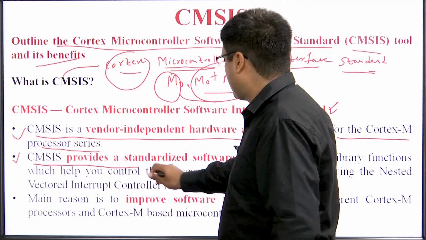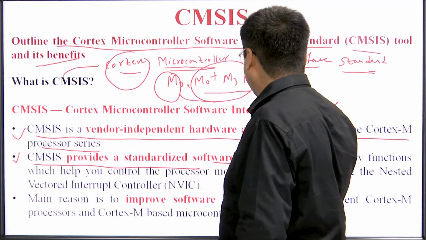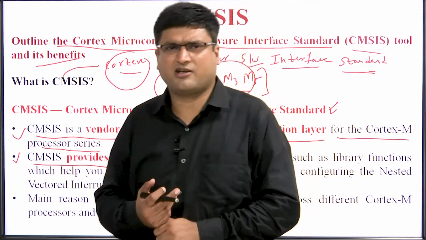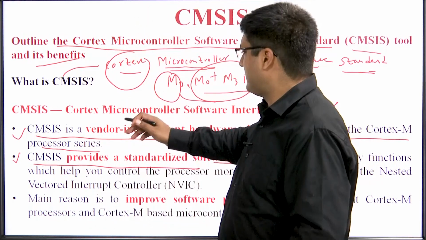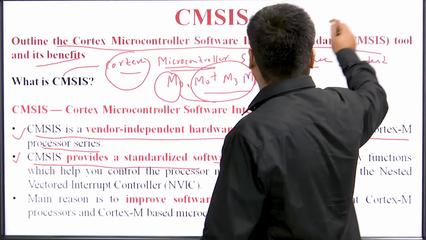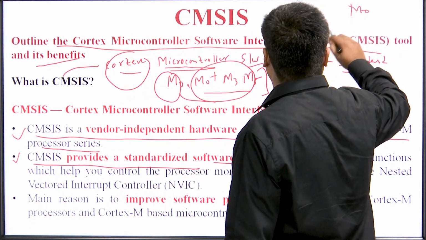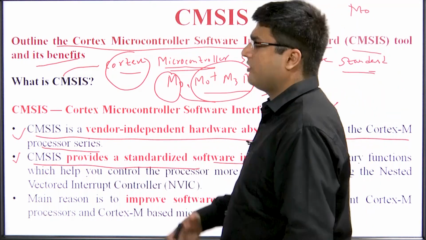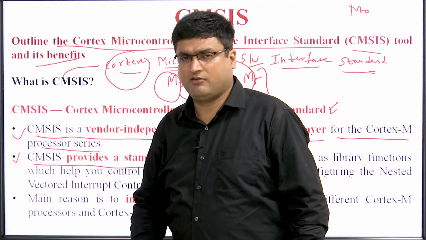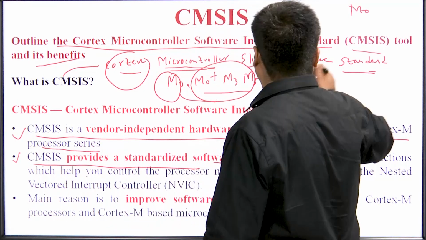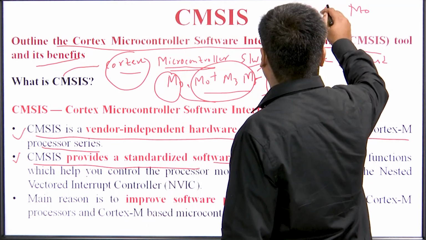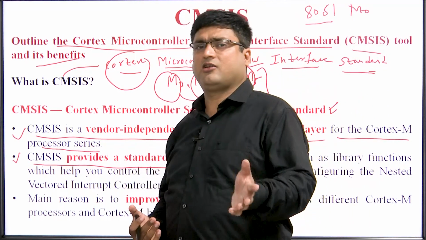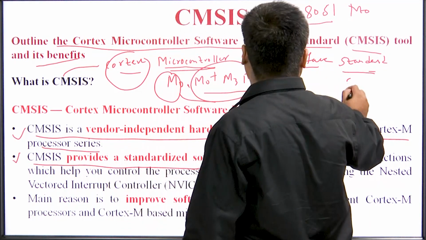CMSIS provides a standardized software interface. What is the meaning of standardized? There are certain standards. For example, if we are using CMSIS software for a particular microcontroller, M0, it is compatible with all the members of that particular series. It does not mean it is compatible with the 8051 as well, or with the 8085 microprocessor.